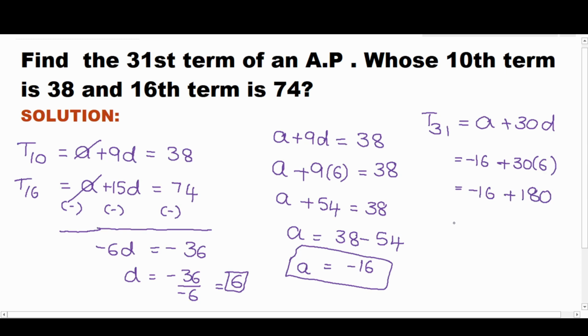On subtracting this, I land up with 164 as the answer. Therefore, T31 is nothing but 164.